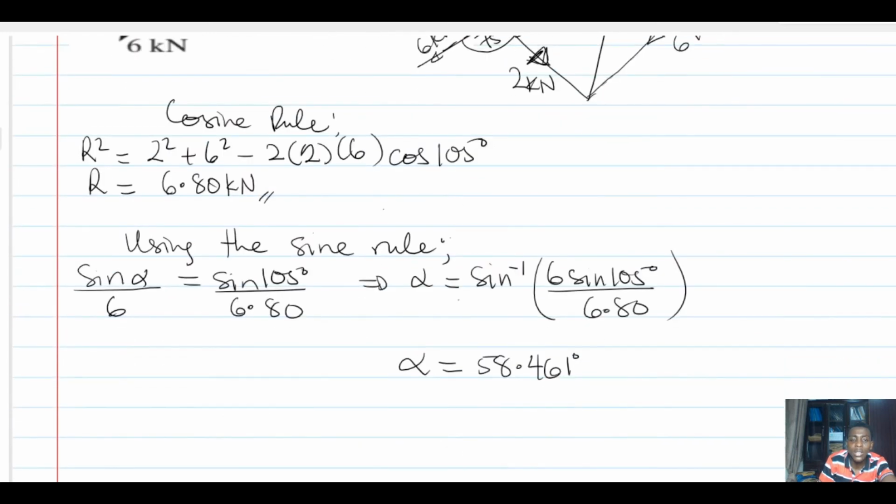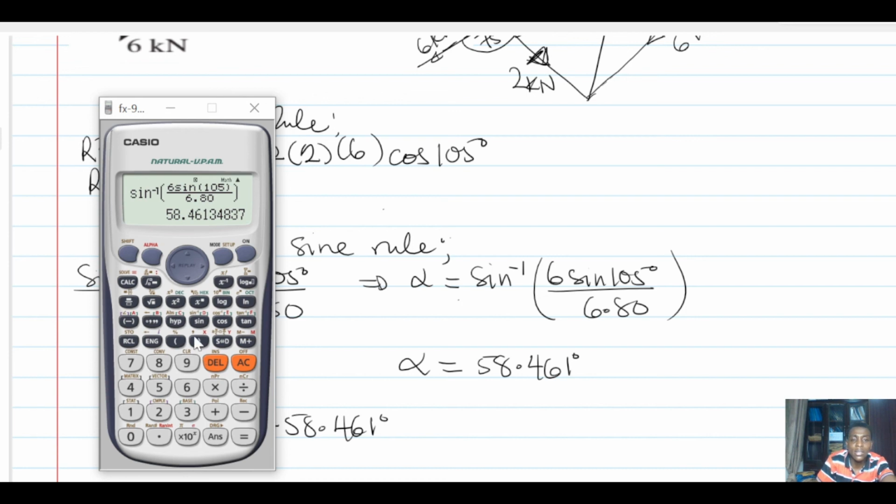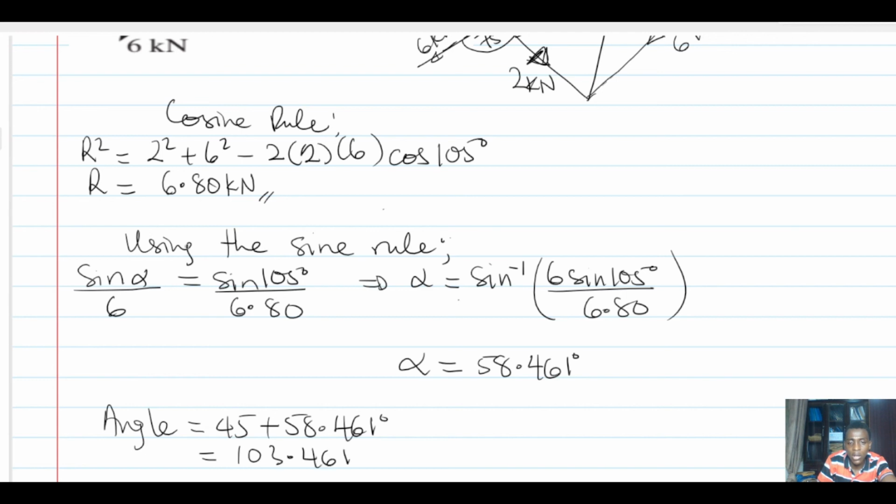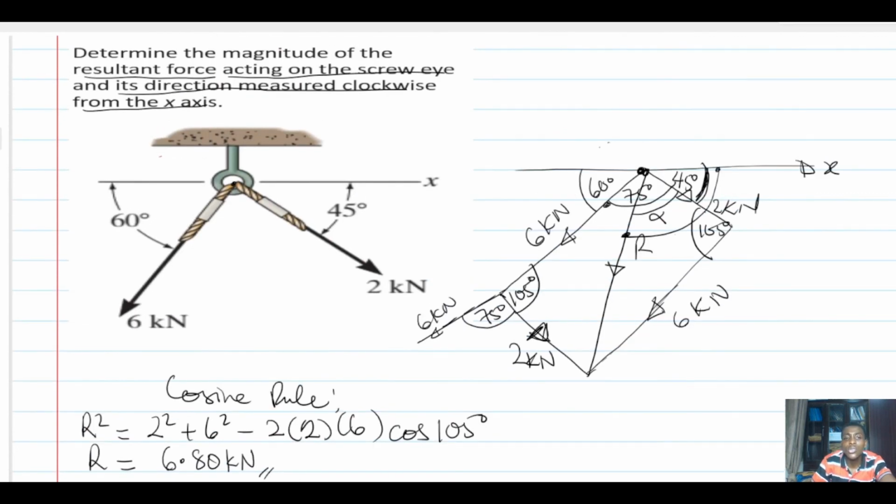The angle I want is 45 plus 58.461, which is 103.461. So that is the resultant and the angle it makes with the x-axis. You can also use the resolution method as well, but in this problem I used the parallelogram law. Thank you for watching.